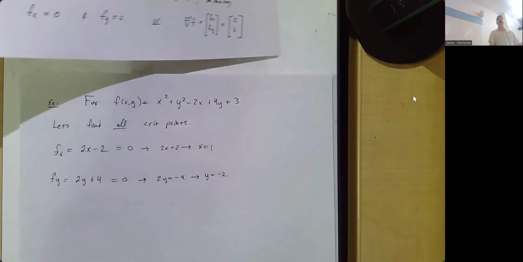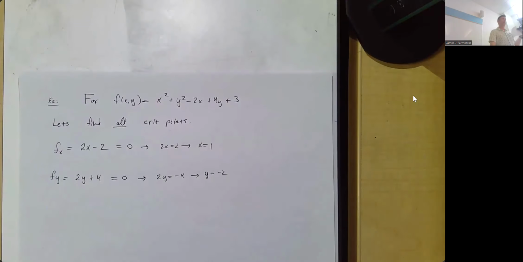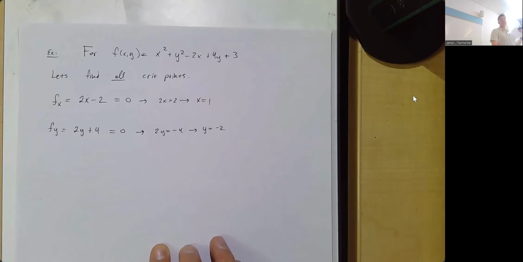All right, so here's an important question. You can show me on your fingers, how many critical points do I have? It's okay to be right or wrong. How many critical points do I have? I have one critical point.